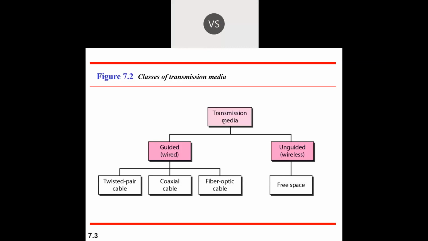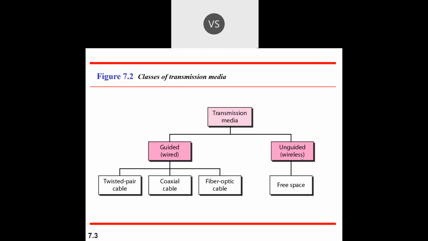Twisted pair cable, coaxial cable, and fiber optic cable. Twisted pair cable you have observed in your LAN connection. Whenever you see the LAN connection, there is a twisted pair cable. Whenever you have television transmission or a DTH transmission, at that time a coaxial cable is used. And for high speed data transfer in optical communication, there is fiber optic communication.